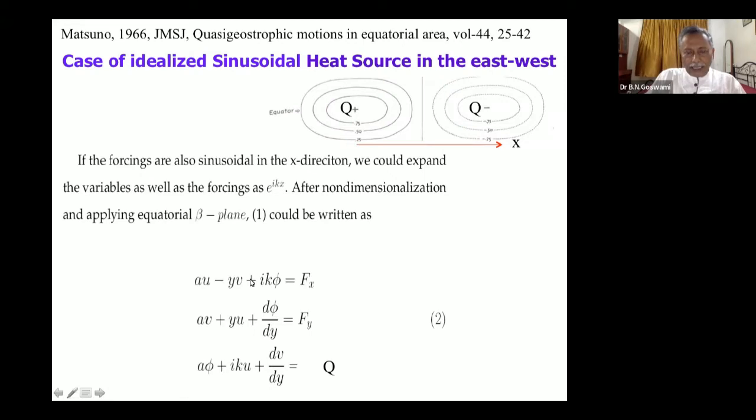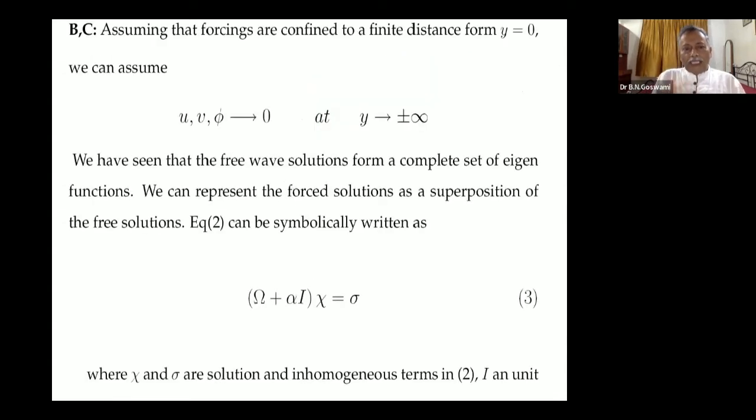Now that is similar to our linear unforced case, but with the forcing in place. Forcing is also now decomposed into these e to the power ikx functions. With that, and the boundary conditions remaining the same, you can then put these equations together.